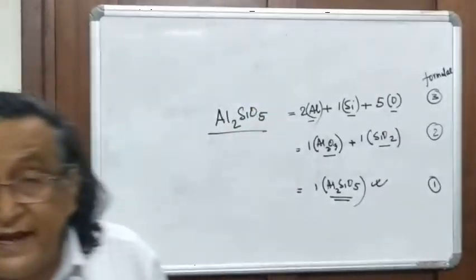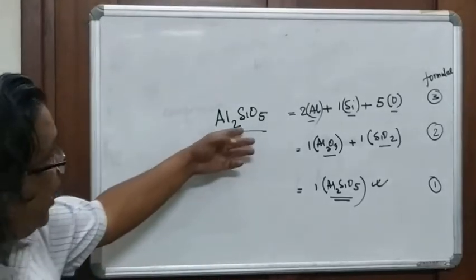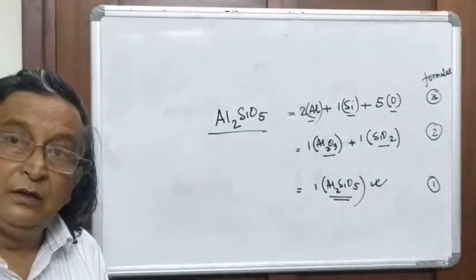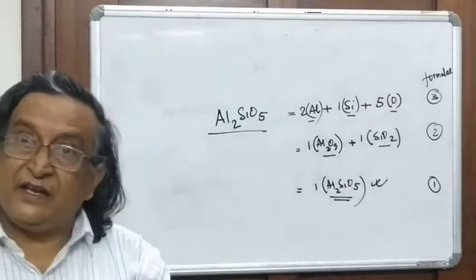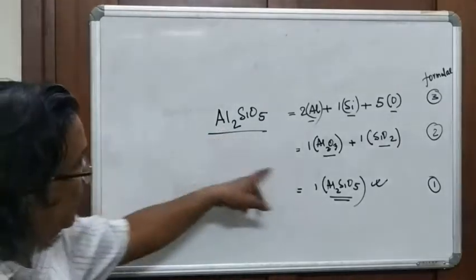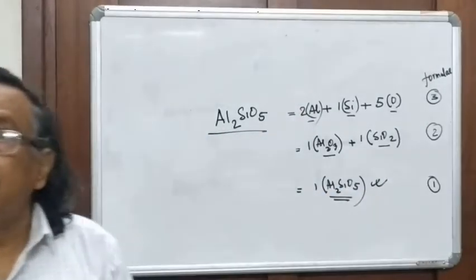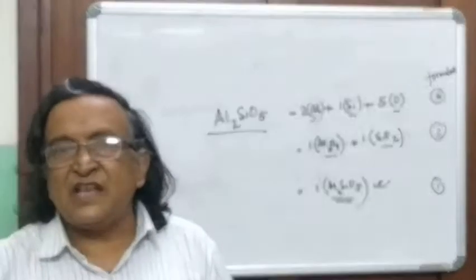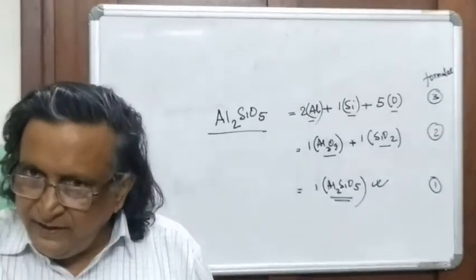If you ask me about phase, you asked me a formula, and I am telling you this is the phase component. This is one. Which phase, how many phases, that you tell me.